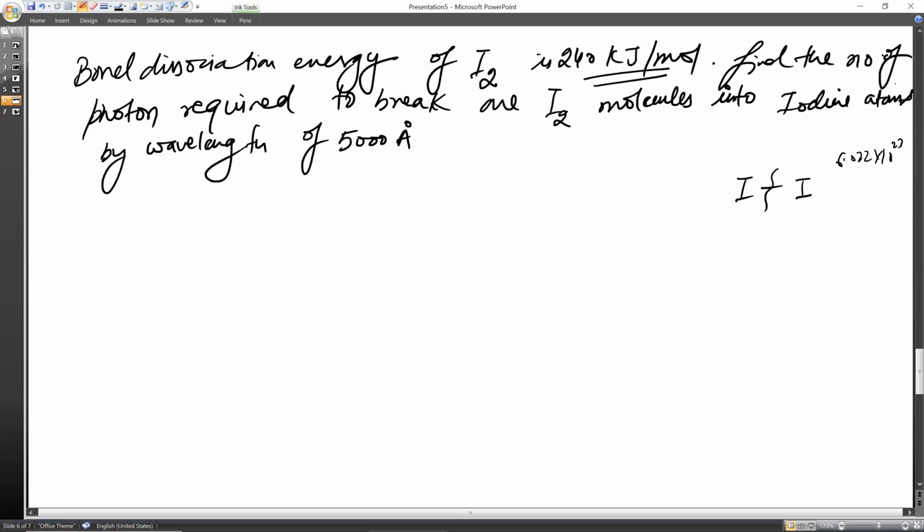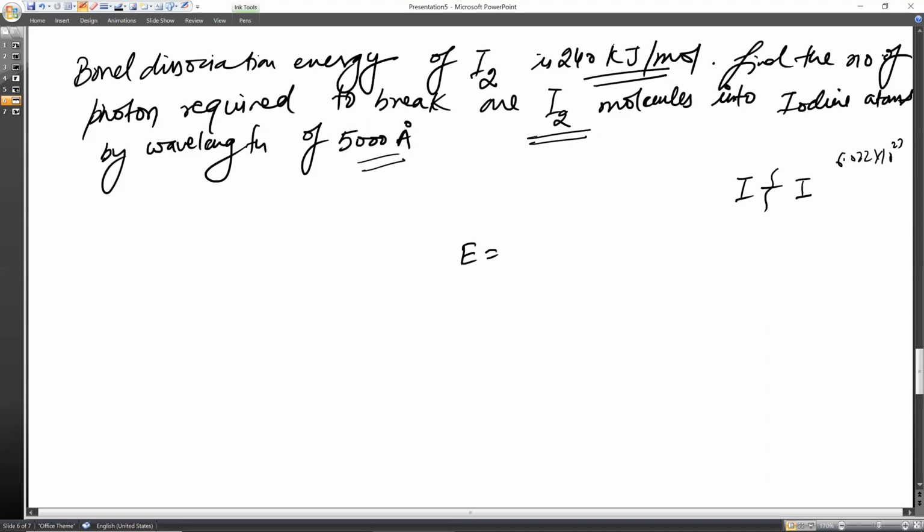Find the number of photons required to break one I2 molecule into the iodine atoms by wavelength of 5000 angstrom. So we need to find out how much energy is required to break this bond. Actually, you need to find out the number of photons. So E is equal to, again, what will you write.